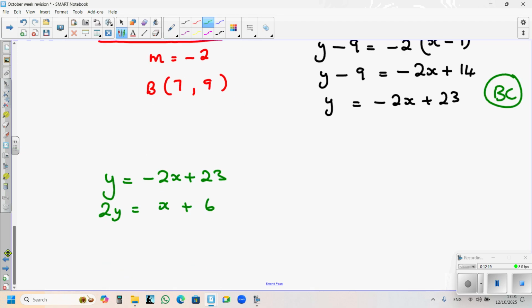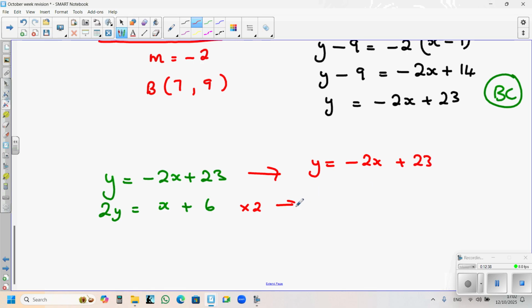It doesn't matter which letter you eliminate, whether it's y or x. I'm going to eliminate x. So -2x, there's one x there. I'm going to multiply that equation by 2 and keep the other one the same. So y is equal to -2x plus 23.